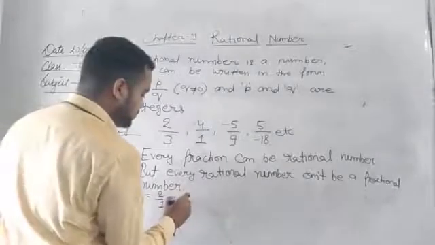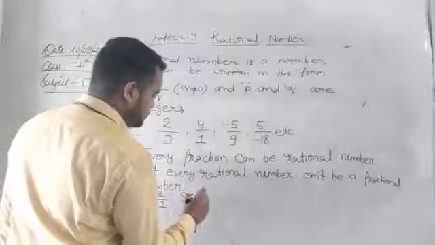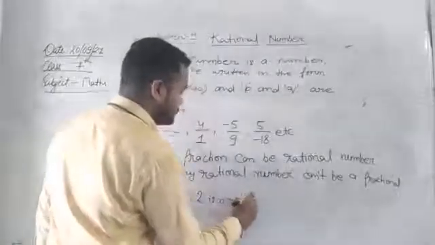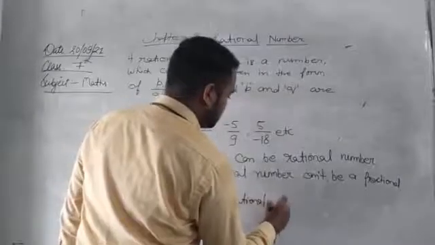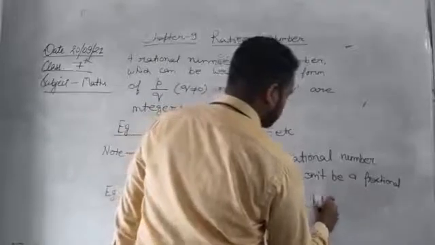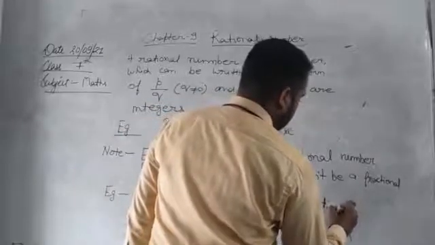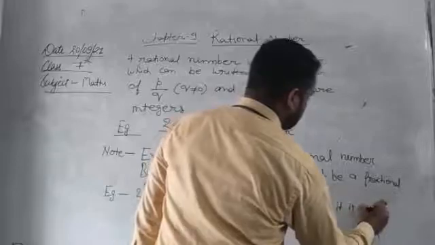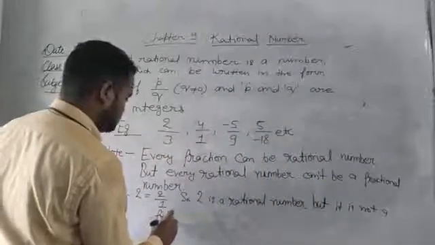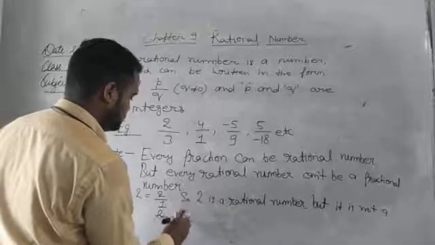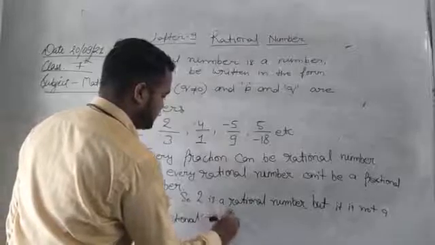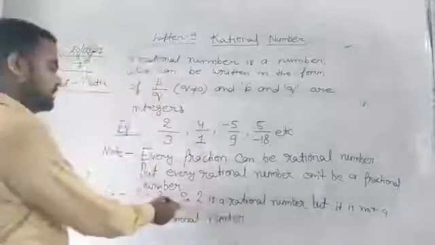So here 2 is a rational number, but it is not a fractional number. 2 can be written as 2 by 1.